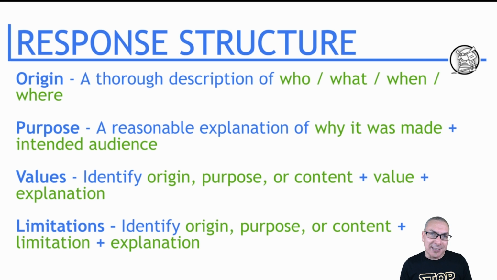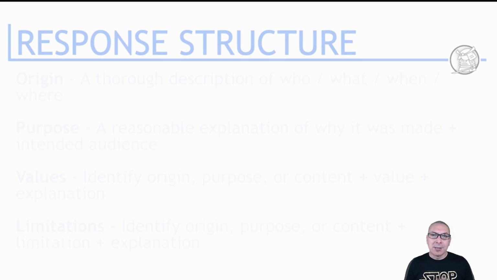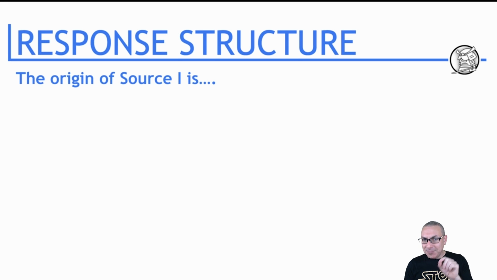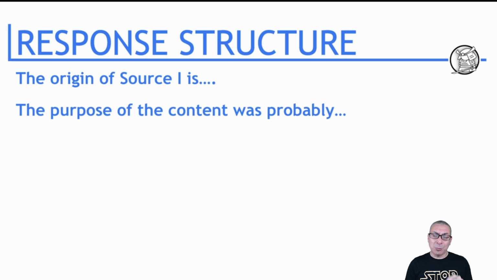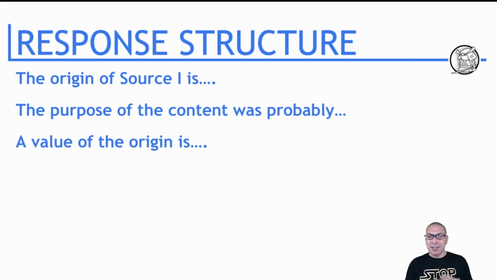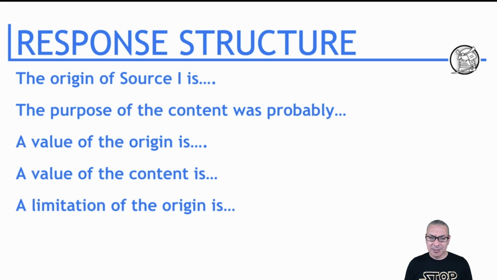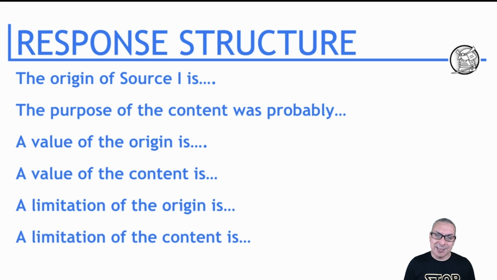So how do you write this? For the response structure, when you write it, keep it very simple. The origin of the source is, and give your explanation of the origin. The purpose of the content was probably, again, keep it simple. A value of the origin is, a value of the content is, a limitation of the origin is, and a limitation of the content is.